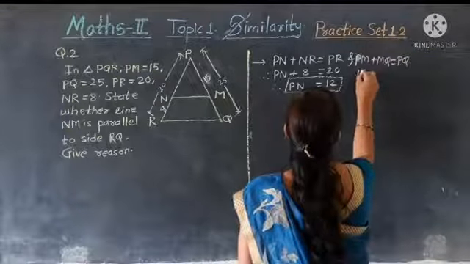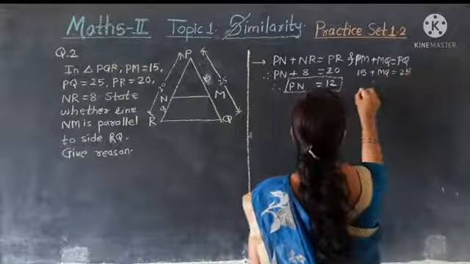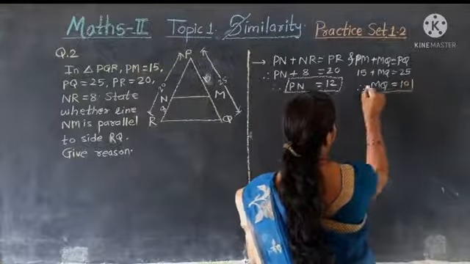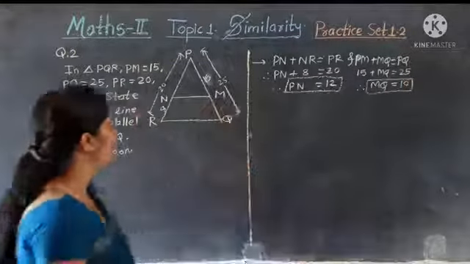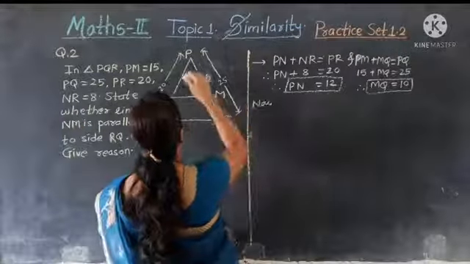PM is 15 plus NQ is equal to 25. Therefore we get NQ as 25 minus 15, 10. First you find both these. Now you take this ratio. Now PN upon NR.